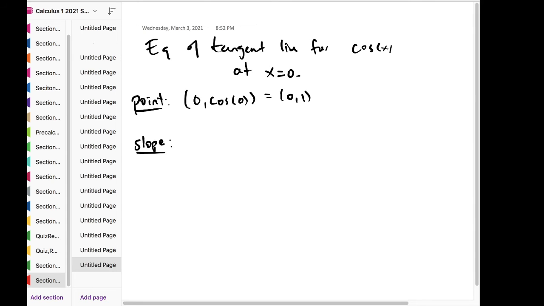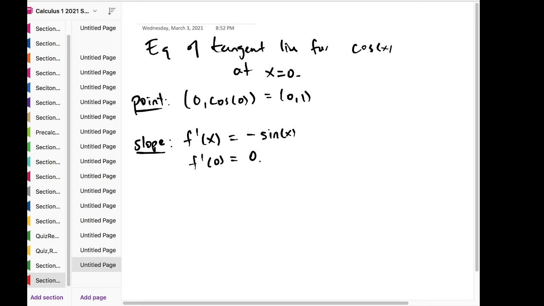And what's the derivative of cosine? Well, the derivative of cosine is negative sine. And then when you plug in 0, yes, you get 0.